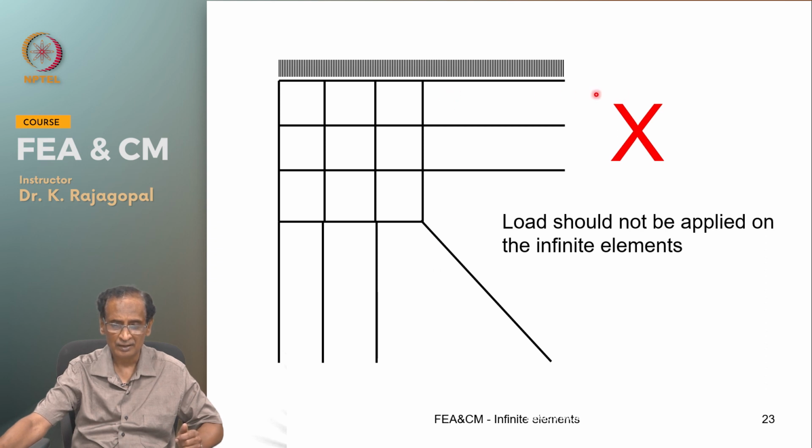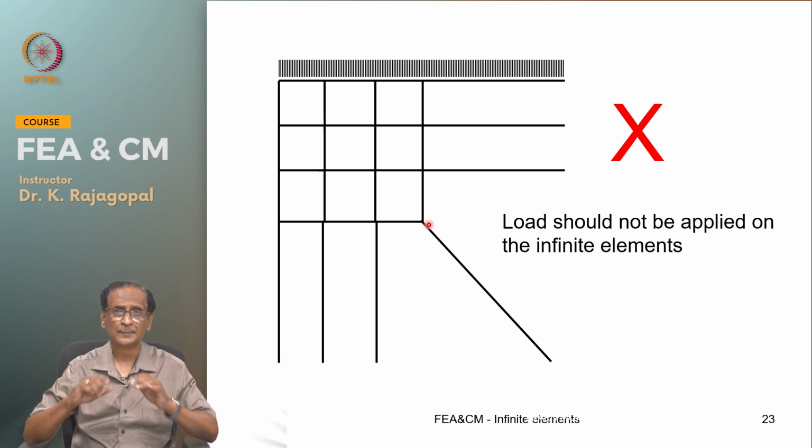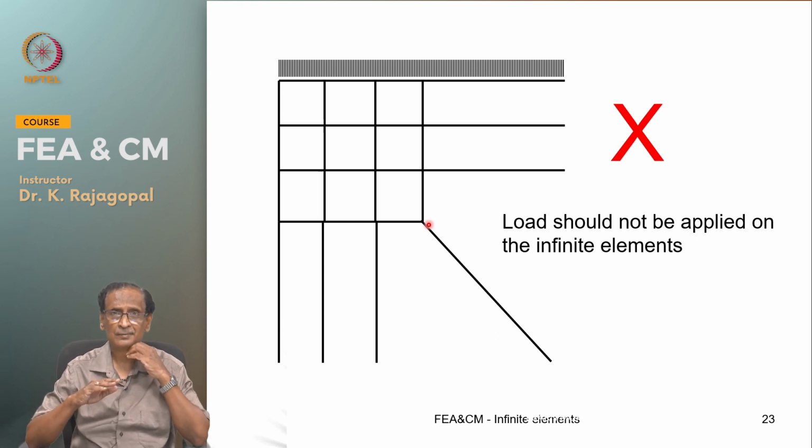Then along this direction we have infinity in one direction, whereas at the corner we should technically have an infinite element that has the infinity in both ξ and η directions.